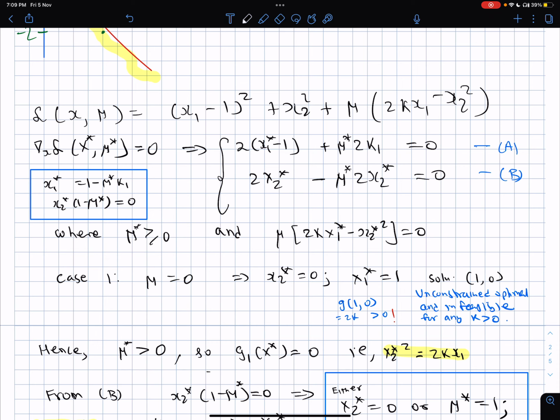And obviously, the complementarity condition is that either the constraint is active or mu is 0. Sometimes it is possible that it is active and it just has 0 sensitivity, so mu is also 0. But in general, this is our complementarity condition: mu star into this thing should be equal to 0.